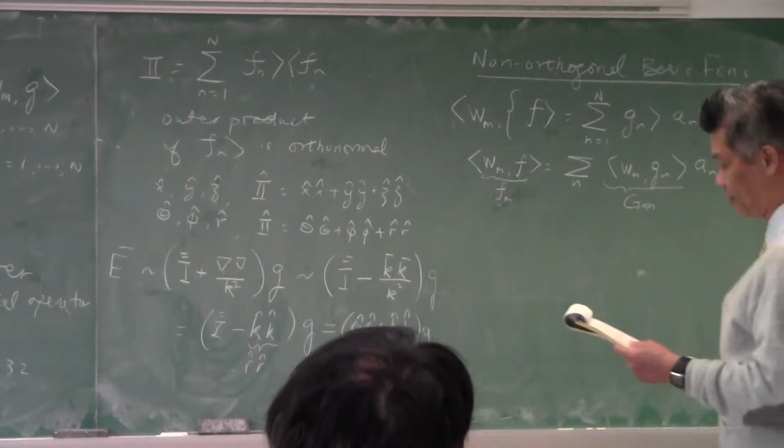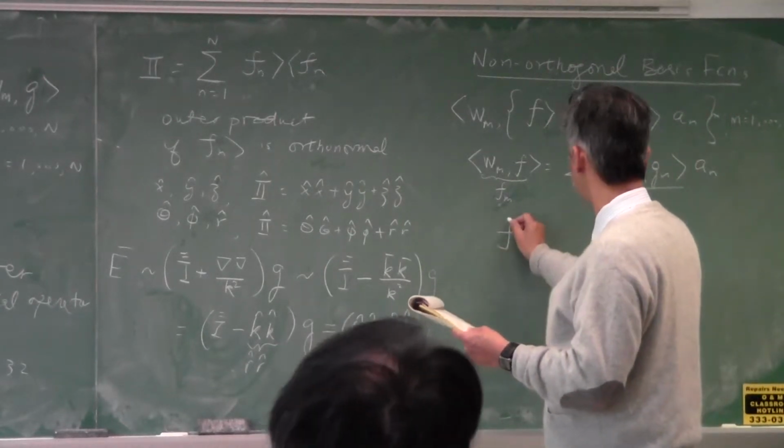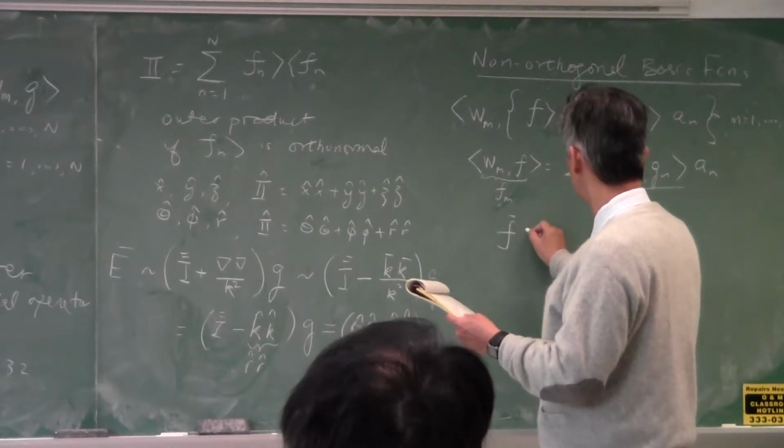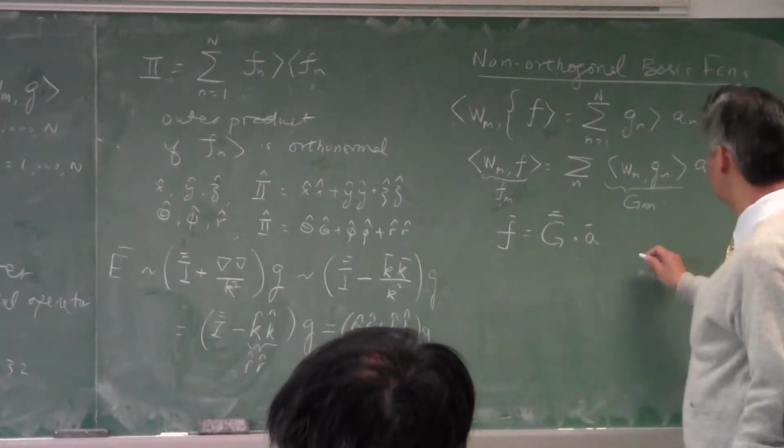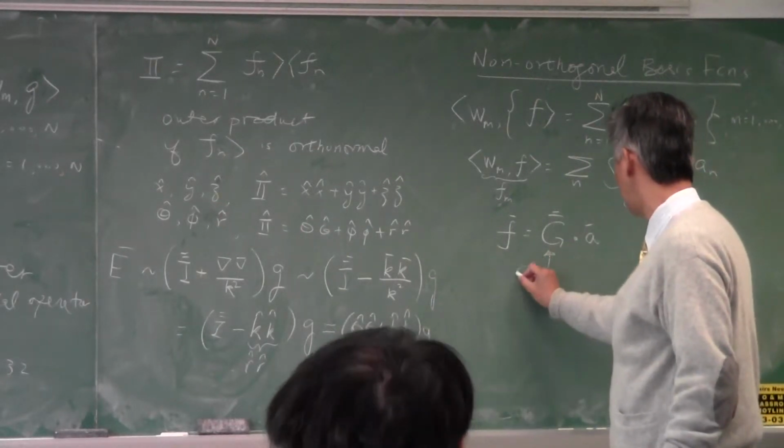Okay, and then I essentially have a matrix equation F is equal to G dot A, and this matrix has a special name. It's usually called a Gram matrix.